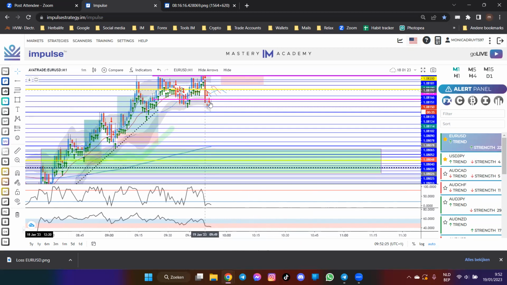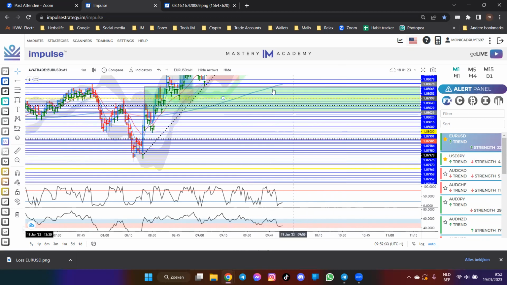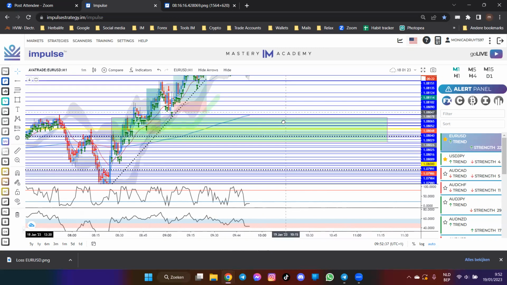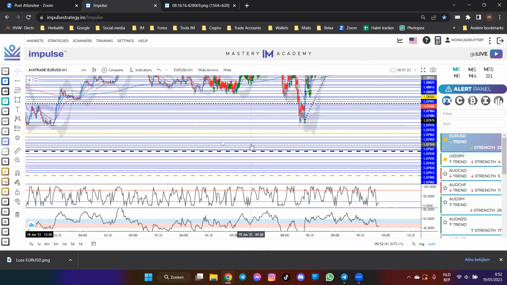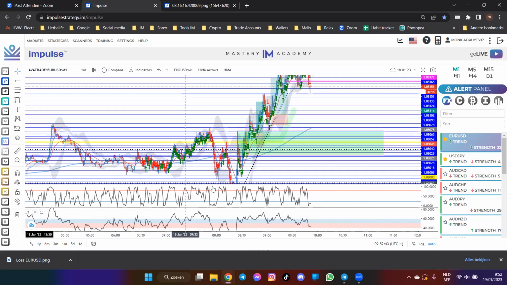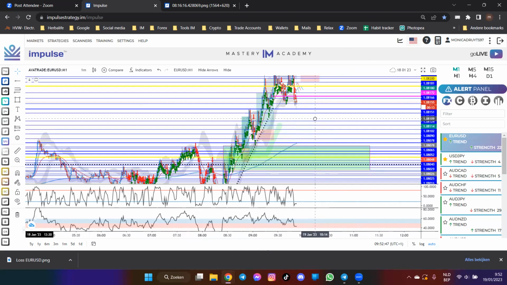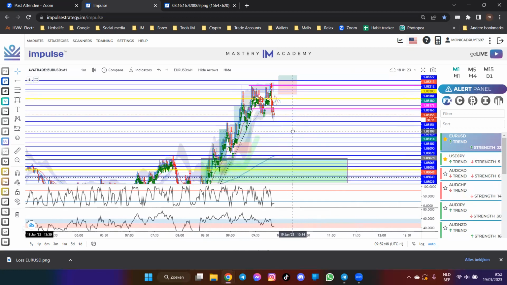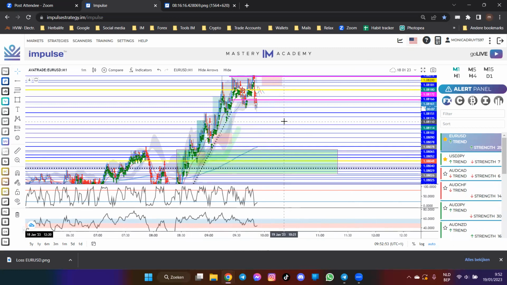Yeah, I think it's possible that it still comes down here, but I'm looking for uptrends because we still have strength in the trend. It's probably gonna retest these zones. It's possible, but I think the market wants to go up because here we don't have much space. But if at the time it gives all the correct signs for a sell, then yeah, you just watch the confirmations, the indicators, because I think it's gonna go up.